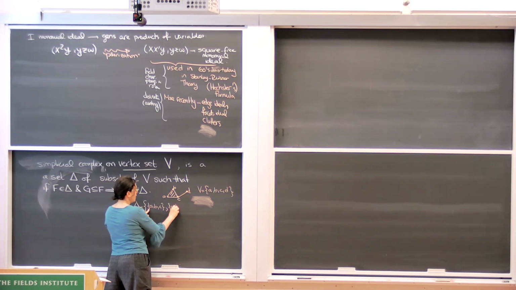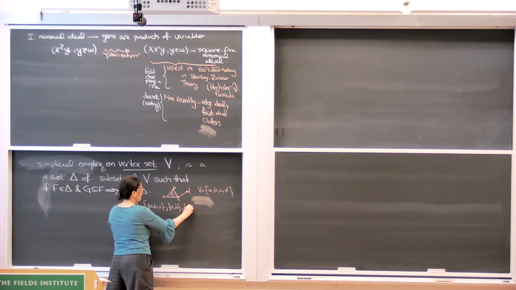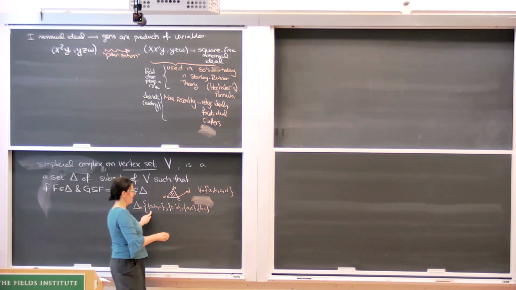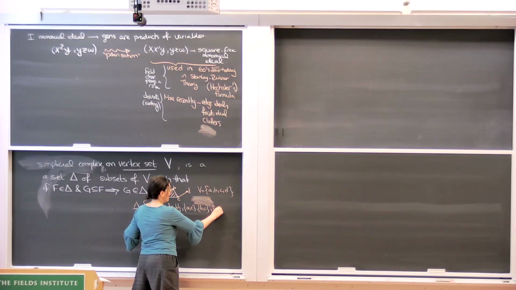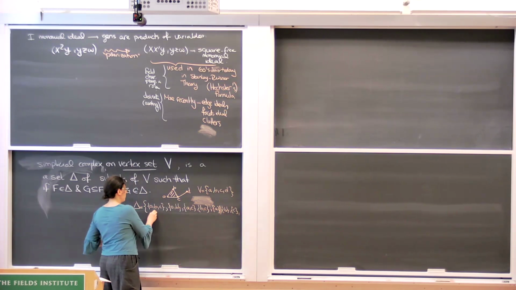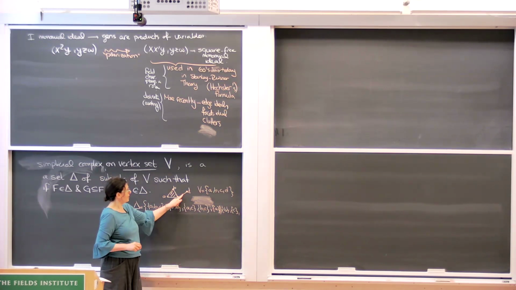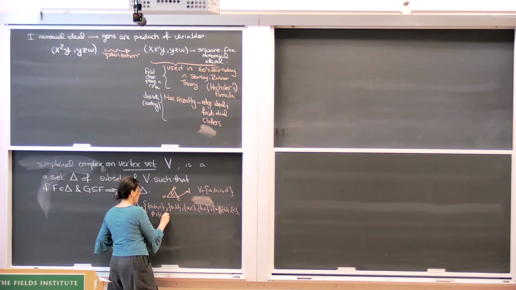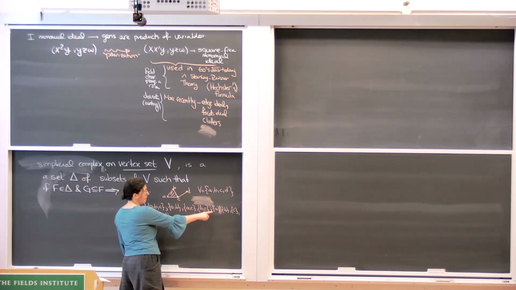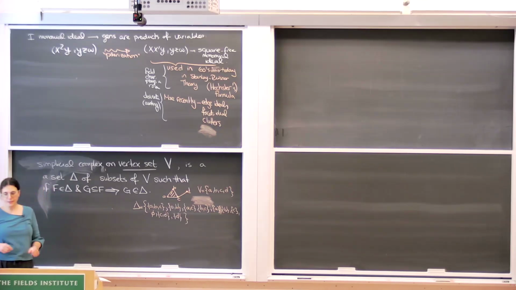So A, B, A, C, B, C, more subsets, A, B, C, empty set, those are all subsets. All right, on to the next one, C, D. And its subsets are C, which I have, D, which I don't have, and the empty set, which I have. So this is my simplicial complex.